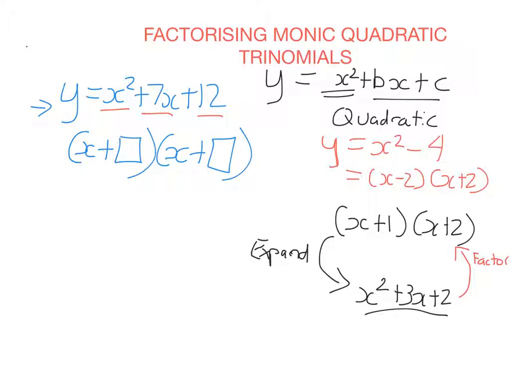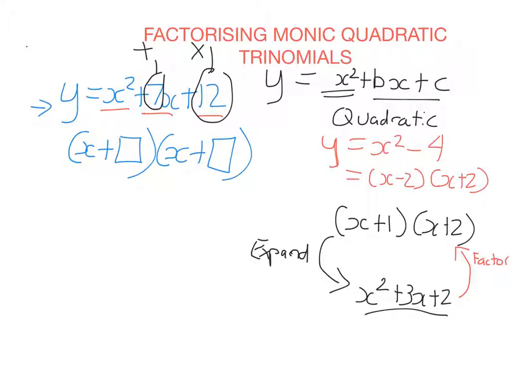Now, it turns out that the way I fill in these boxes is I fill them in with two numbers, surprise, surprise, and they are two numbers that multiply to give the last number, the constant term, 12, and they add together to give the coefficient of x. So if you don't know what those two numbers are, do it methodically. So we're looking for two numbers that multiply to 12.